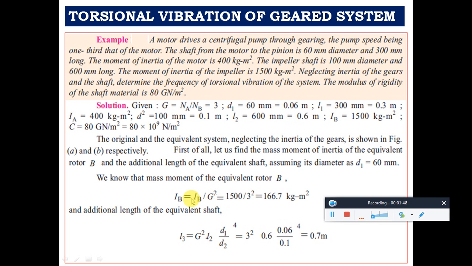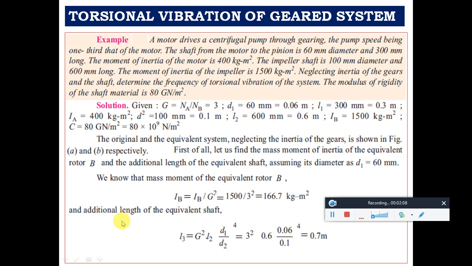But when you convert it into an equivalent system, its moment of inertia for the equivalent rotor B becomes 1500 by its gear ratio 3 square, so 166.7 kg m square. This is important and a different step other than the other 2 rotor and 3 rotor systems.